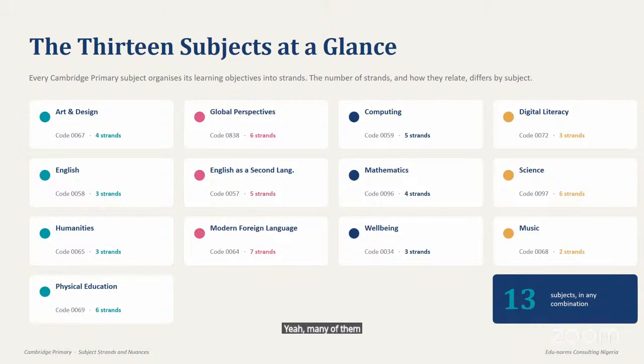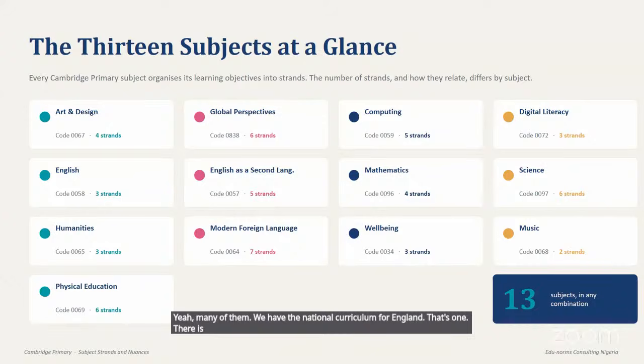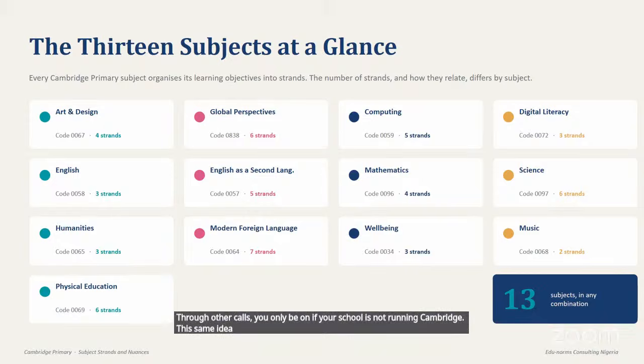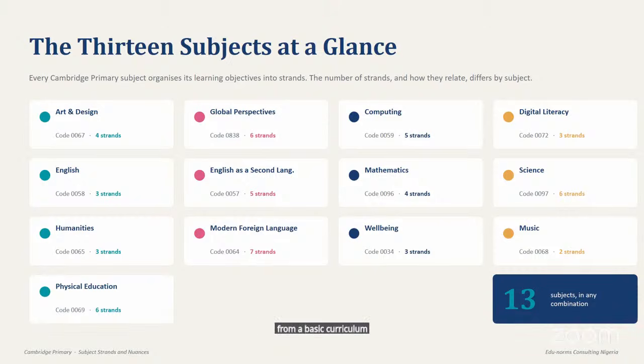We have the national curriculum for England, the Cambridge curriculum, the Oxford curriculum, the Oxford AQA curriculum, the Pearson Edexcel curriculum. There are many of them. If your school is not running Cambridge, this same idea you can use for whatever form of British curriculum you use.